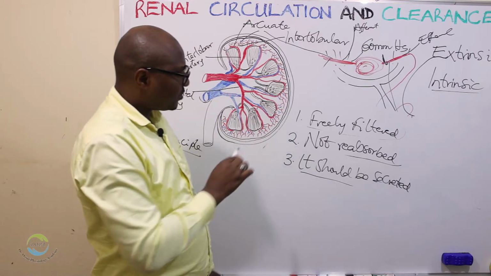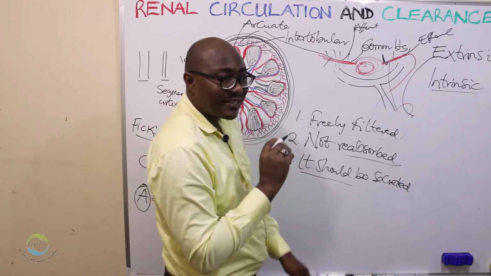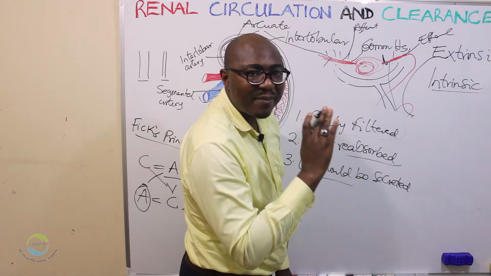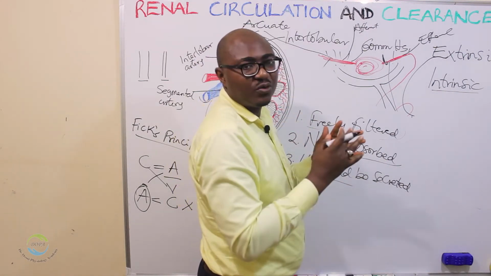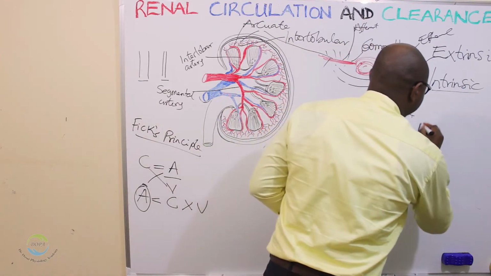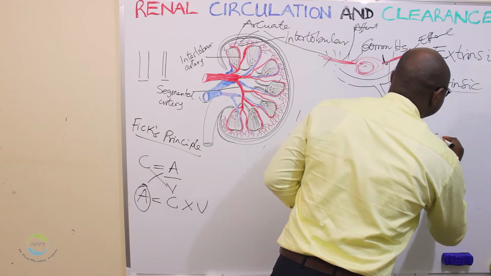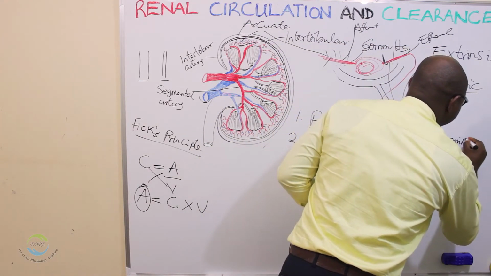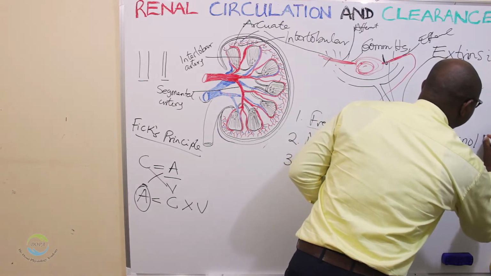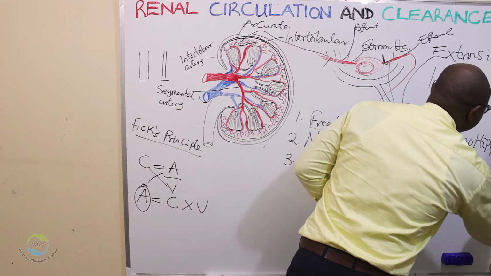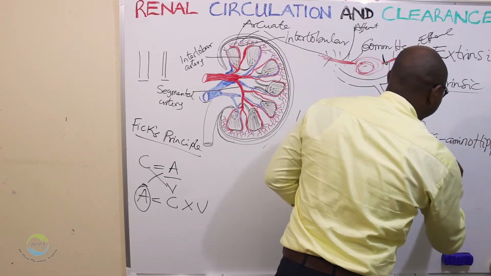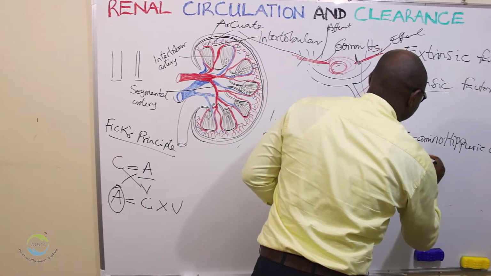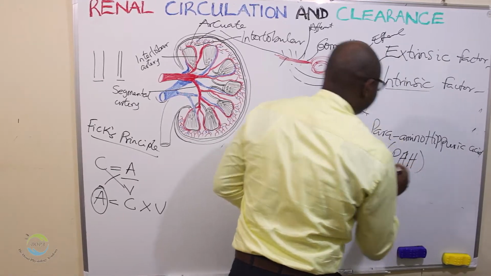So which substance fulfills this criteria? It is called para-aminohippuric acid or para-aminohippurate. All right, this is how it's spelled: para-aminohippuric acid, known as PAH for short.